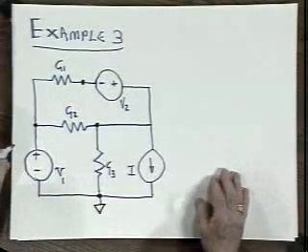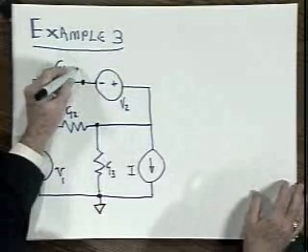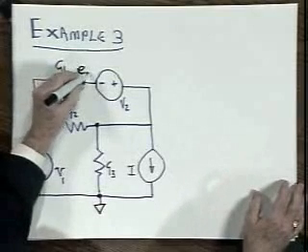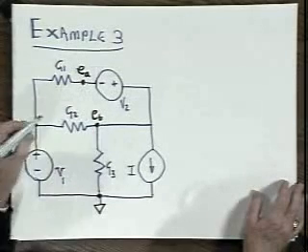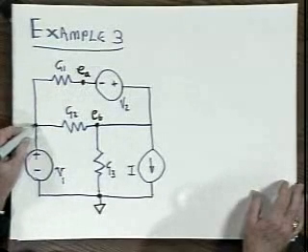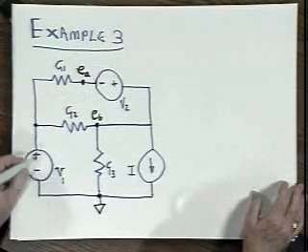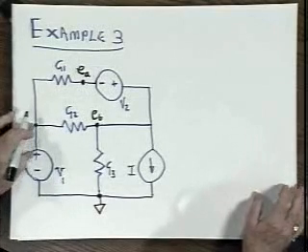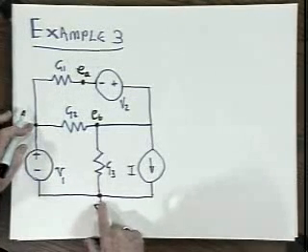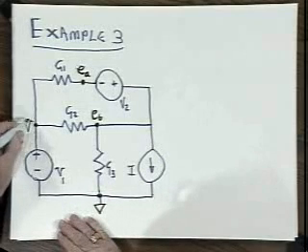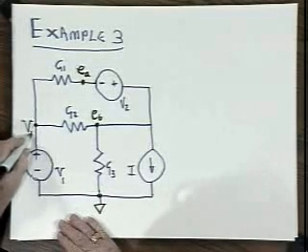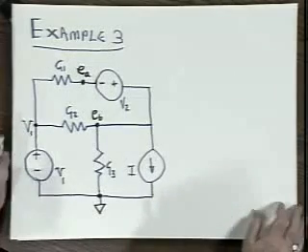And name the three node voltages as E sub A, E sub B, and could call this one E sub C, but recognize that because it's got a voltage source tied between it and the reference node, I'll just label the voltage at this point V1. It is not an unknown node voltage.